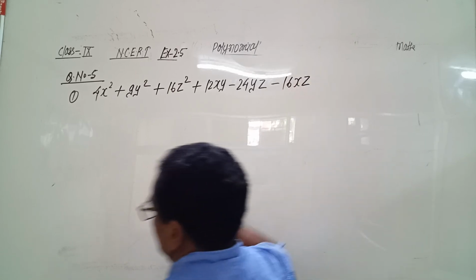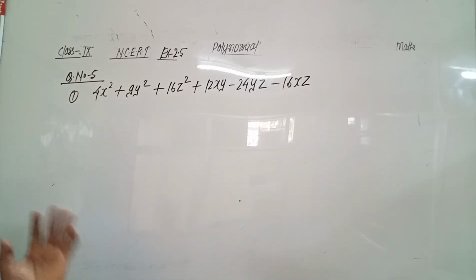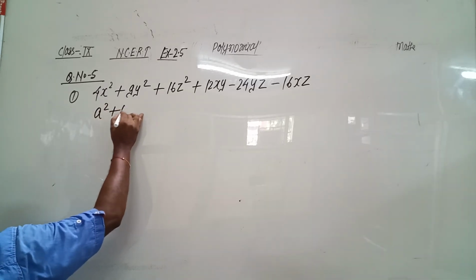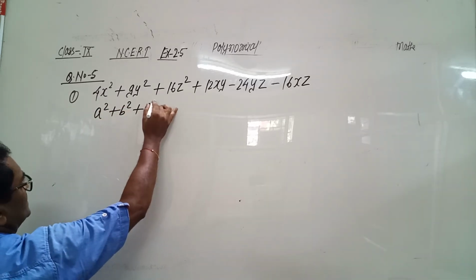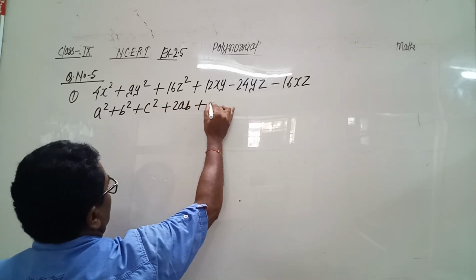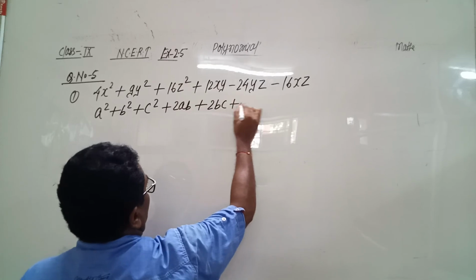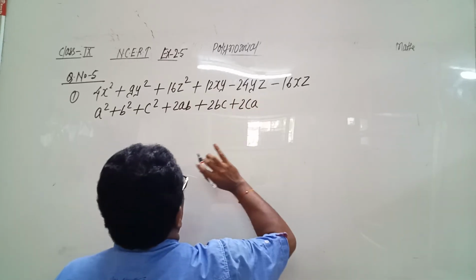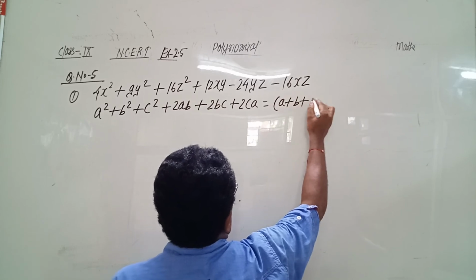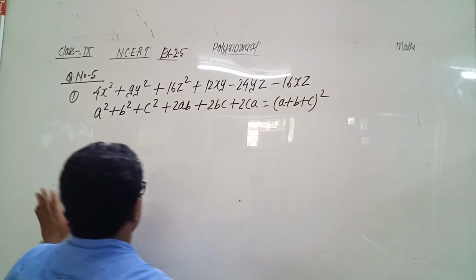In such type of questions, we use the same formula: a square plus b square plus c square plus 2ab plus 2bc plus 2ca is equal to (a + b + c) the whole square.